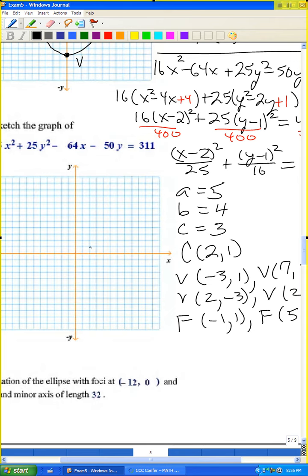I go over 5 in each direction, then 4 up and down, and then 3 for the foci. Let's see if I can do it at this zoomed out level.